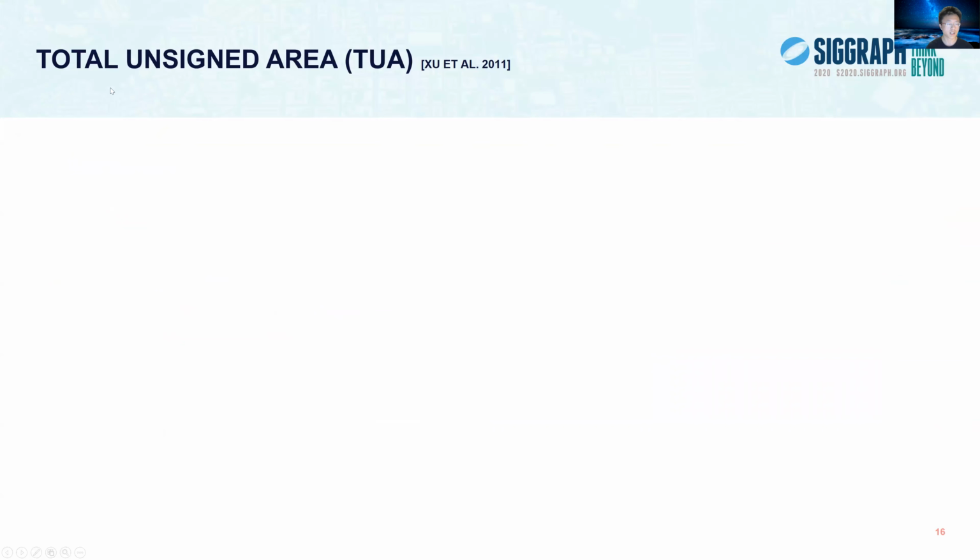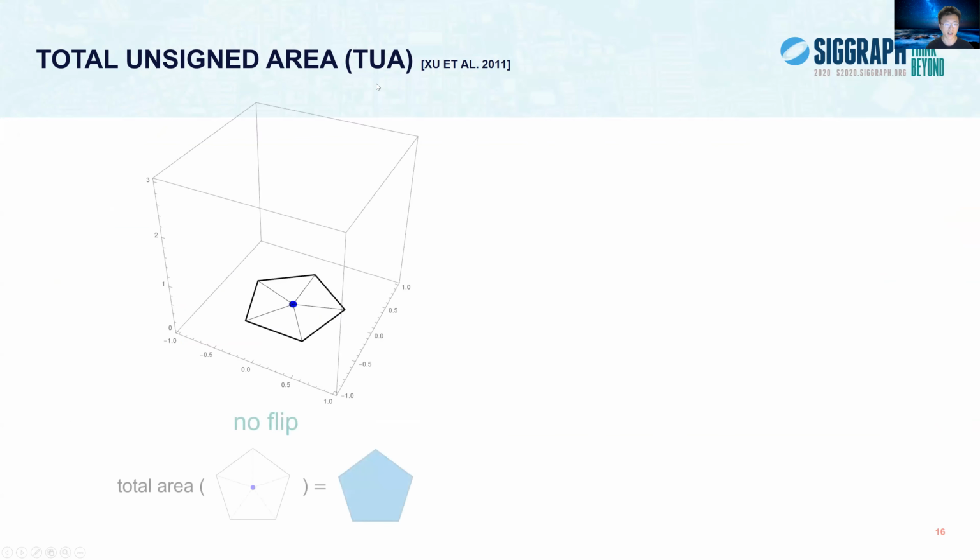The total lifted content energy is closely related to the total unsigned area energy, or TUA. As the name suggests, the total unsigned area energy is just the sum of all the areas of triangles in the mesh.